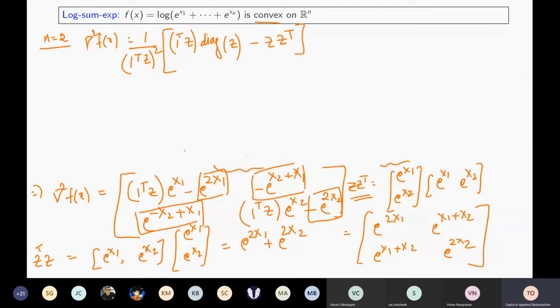So we have to multiply with, let us say, some x transpose. Okay, we should not mix the same x here. So let us say we multiply with v transpose grad square f(x) v.